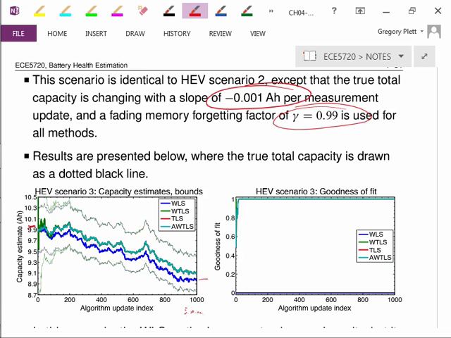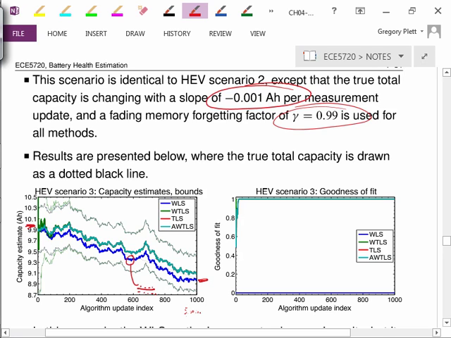We have these results plotted below. And in this case, again, the weighted least squares method, if I zoom in, it has error bounds that are ridiculously tight. However, the truth, by the way, is this dotted slanted line. You can see that slants down to there and from up to there. So that's the truth.